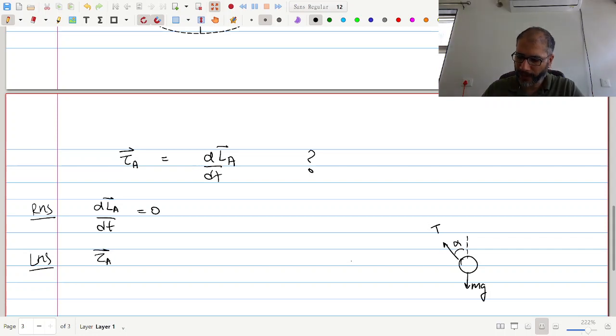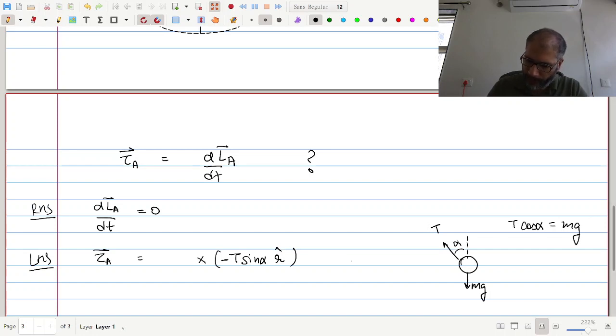Since there is no acceleration in the z direction, we know that T cos alpha is equal to mg, and the only unbalanced force that is left is T sin alpha, and the direction is towards the center A, and that is minus r hat.